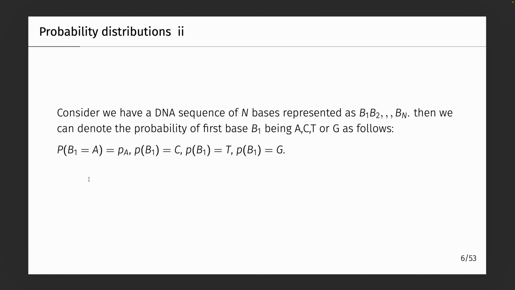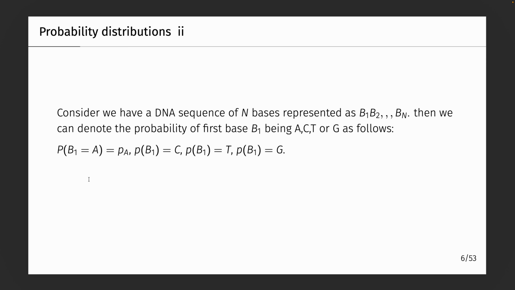Similarly, we can denote P(B1) as, actually there's a mistake there. So this should be P(B1 = A) is equal to P of A, P(B1 = C) is P of C, and so on.